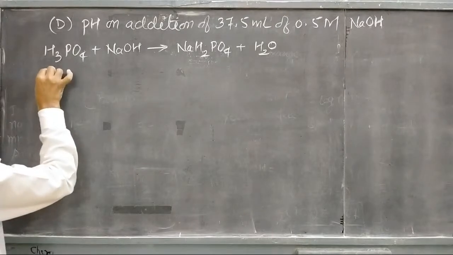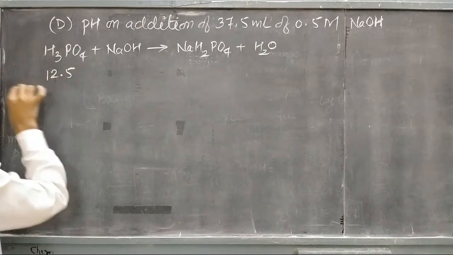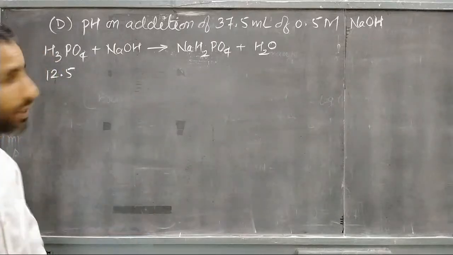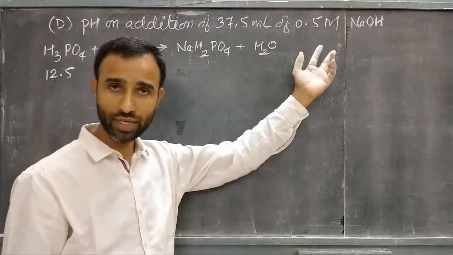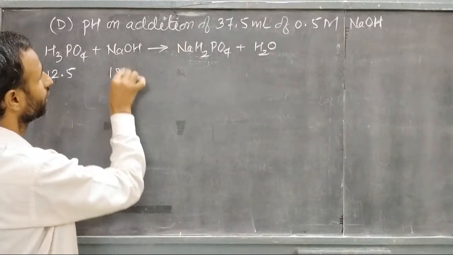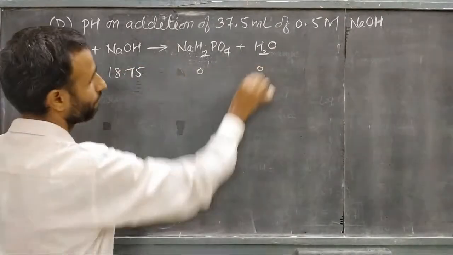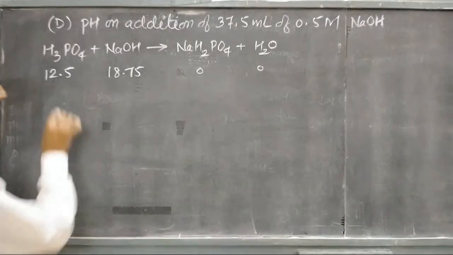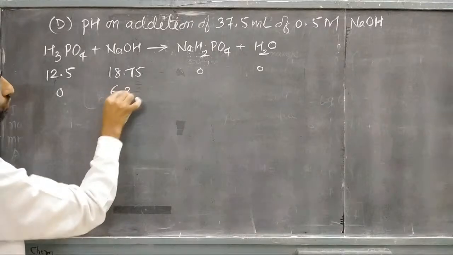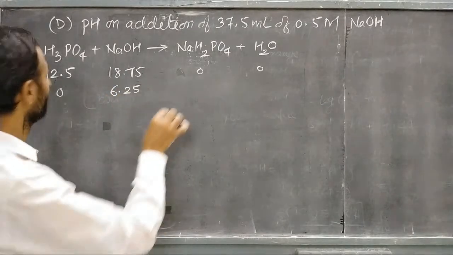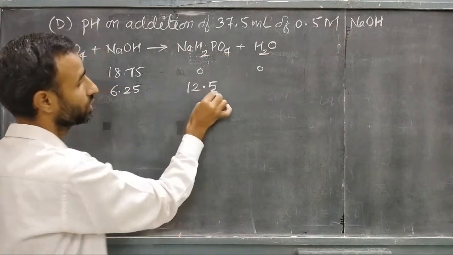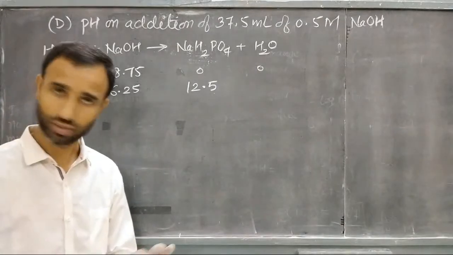Now you know this is again initial number of millimoles: phosphoric acid 12.5 and sodium hydroxide 37.5 into 0.5, which means 18.75. So after the reaction, it is 0. Sodium hydroxide left is 6.25 and NaH2PO4 formed is 12.5, right?